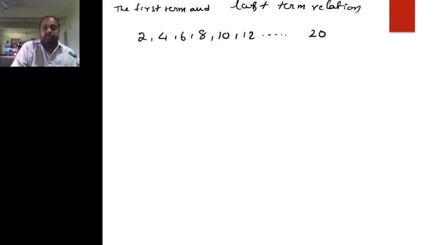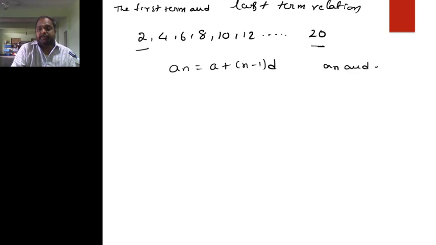So if you know the first term and last term, first we have to find the number of terms in between 2 and 20. So an is equal to a plus n minus 1 into d. In the previous class we discussed that an and l are both the same. L is equal to the last term. 20 is equal to a, how much? 2 plus n minus 1 into d, which means 4 minus 2, 2.